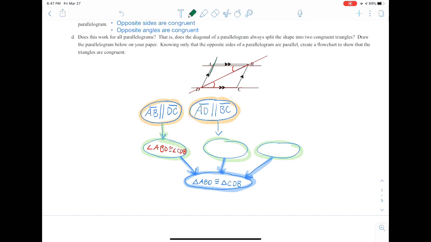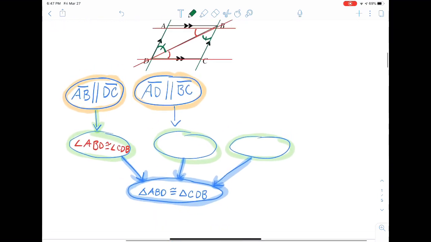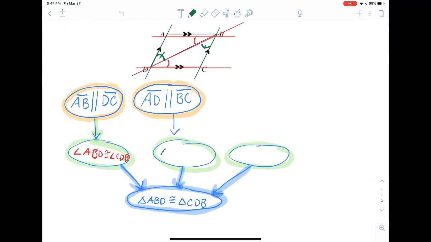Hopefully you saw here, if side AD is parallel to side BC, then these two alternate interior angles are congruent. So let's add those there. Angle ADB congruent to angle CBD.